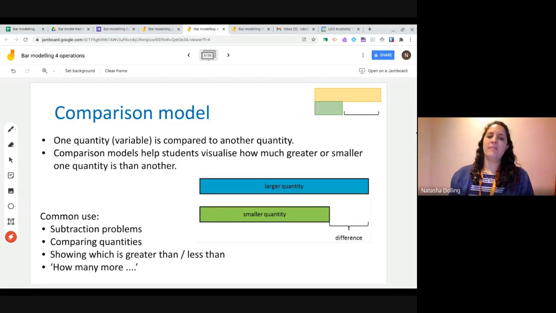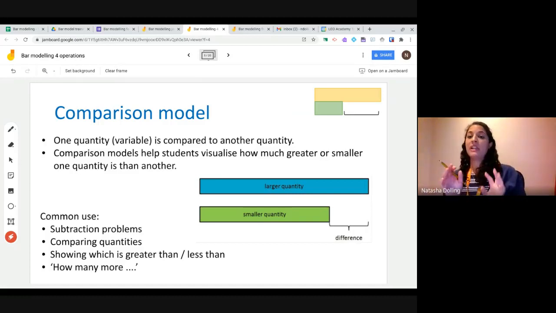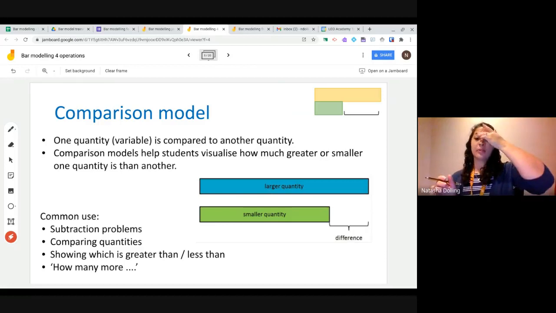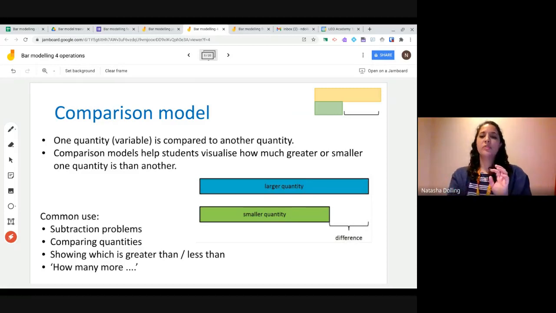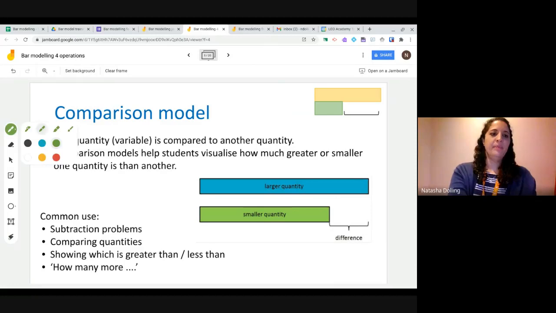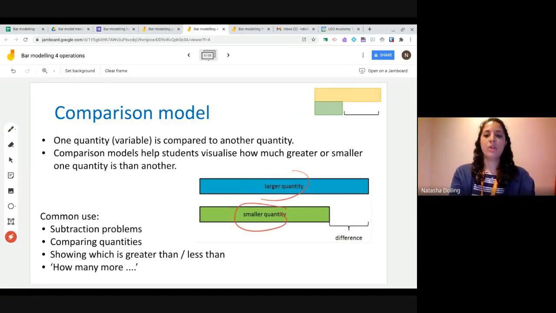Now let's look at the comparison model. So the part-whole comparison model, where you're looking at additive relationships. Now the big difference, even though it looks really similar to the last bar model, is this time you're comparing a larger quantity to a smaller quantity to find the difference. So I'll say that again. You're comparing a larger quantity to a smaller quantity in order to find the difference.